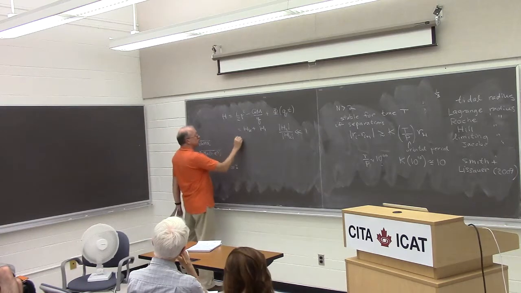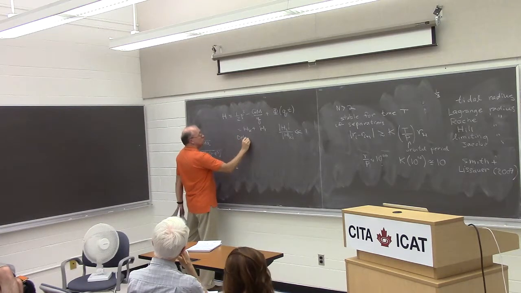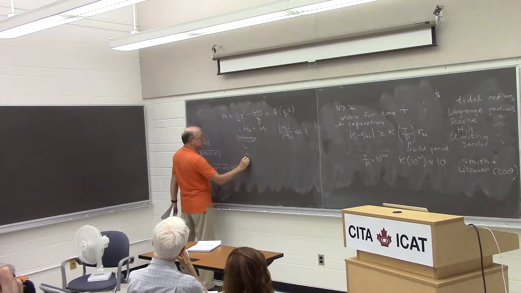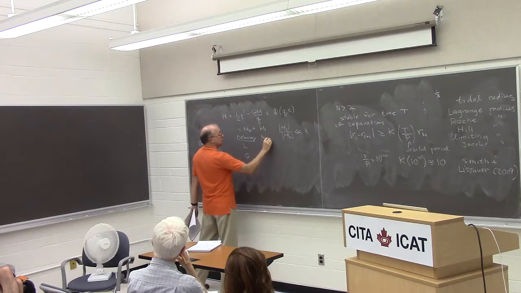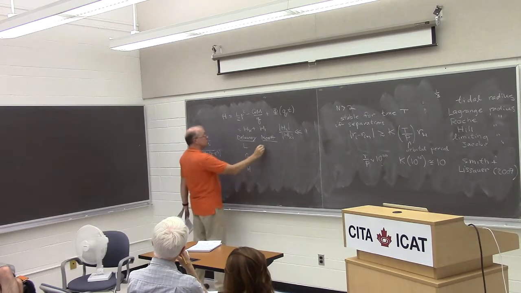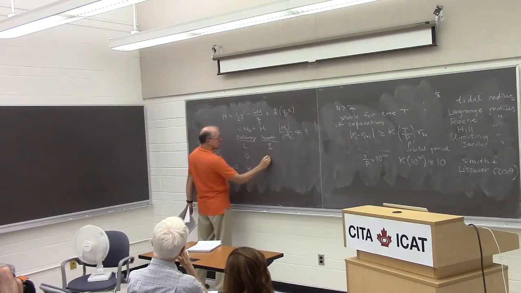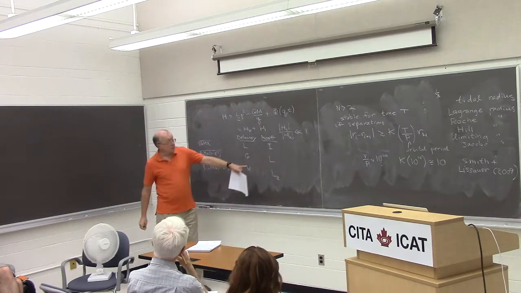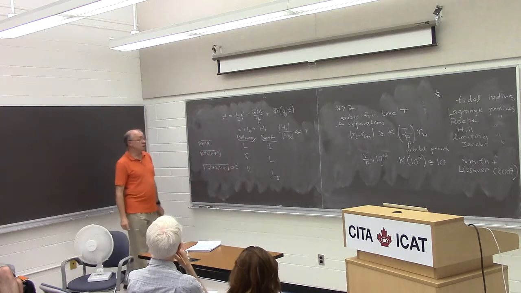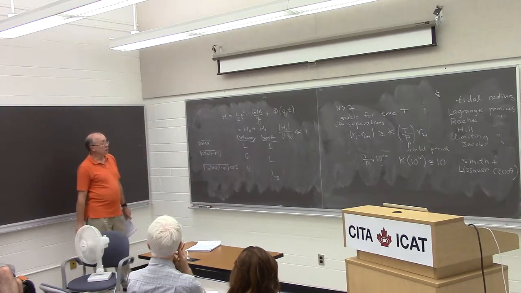And my notation, which follows Delaunay's, is L, G, and H, and Dave's notation is that this was I, this was L, and this was LT, because this is the angular momentum, and this is the z component of the angular momentum.